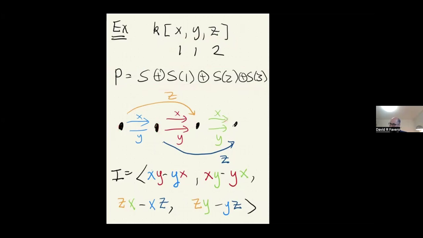And now I have only 2 linear terms, but z is a new degree 2 term, so it's jumping. And I still get these kinds of relations. Okay, any questions?